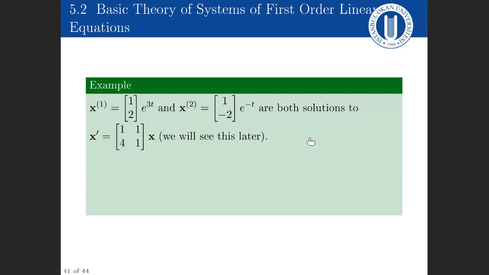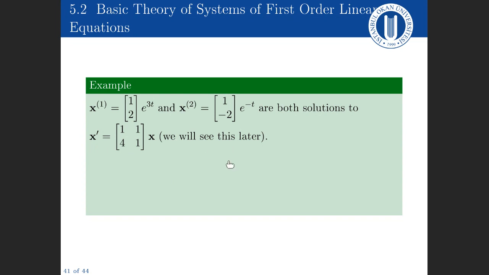So for example, I'm telling you 2 solutions to this linear system. I'm saying that (1, 2) e to the power 3t and (1, -2) e to the power -t are both solutions to the linear system x prime is equal to the matrix (1 1; 4 1) times x. And I'm going to prove this to you tomorrow.